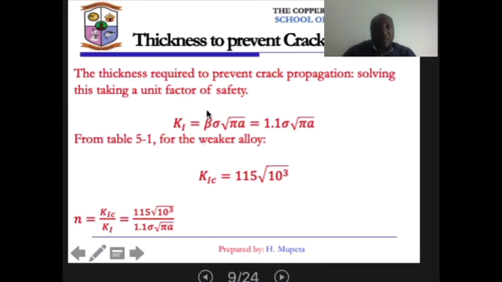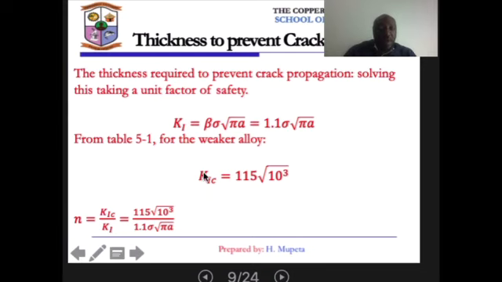From the question we have been told that we consider beta to be equal to 1.1, and so the stress intensity factor will be equal to 1.1 multiplied by the stress, and the rest remain like that.